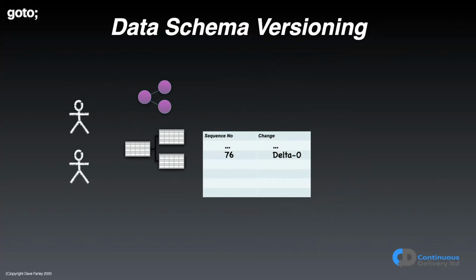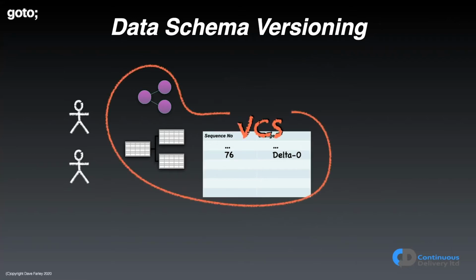So along with the schema change, in the same commit that changes the schema, you also include a little script that describes how data that's already in the old version of the schema should be migrated to the new version of the schema. And you capture that as a little delta script.